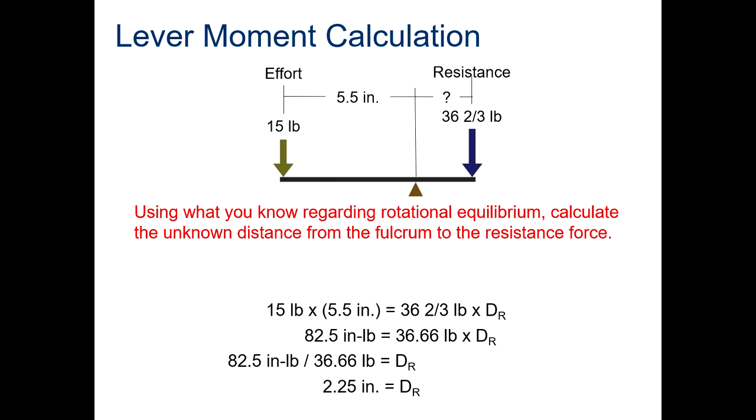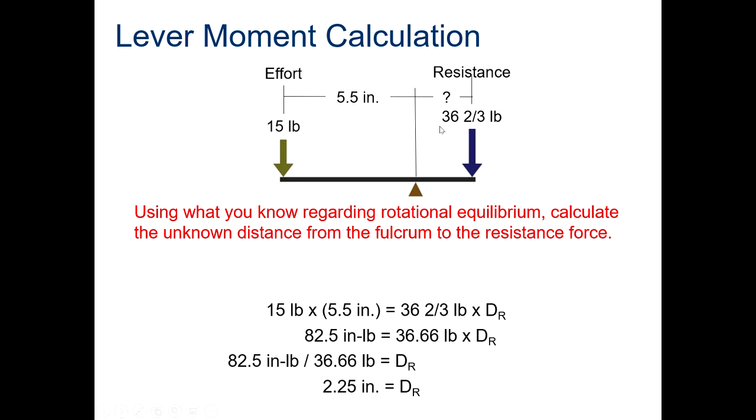All right, now we can take that moment, that 82.5 inch-pounds, and calculate the resistance distance. Okay, so this would be our actual mechanical advantage here if we're actually putting 15 pounds of effort. So we take our moment for the left side, which is 82.5 inch-pounds.